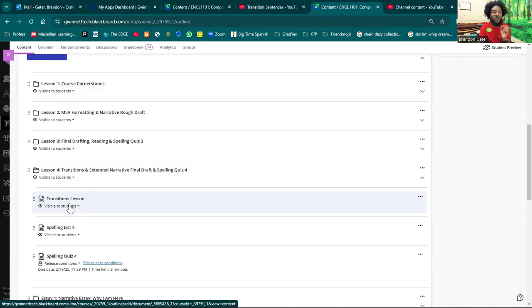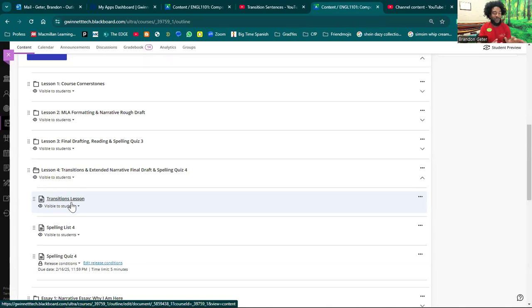And understand that we're going to practice using these transitions in all of our papers that have more than one body paragraph. Because we're going to transition from one body paragraph to another body paragraph in a sophisticated way, in a more advanced way than you learn in grade school.